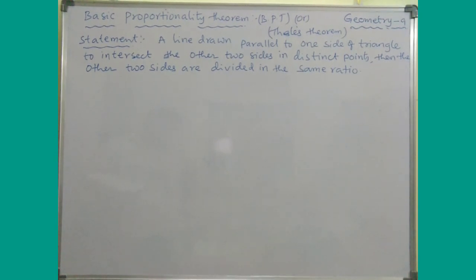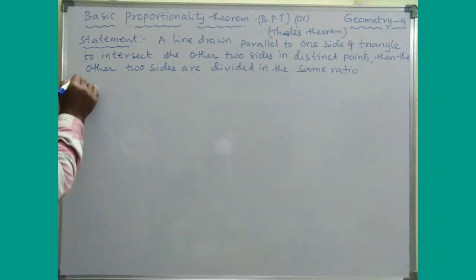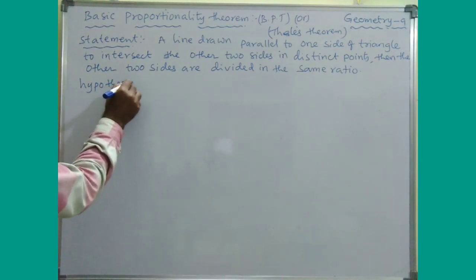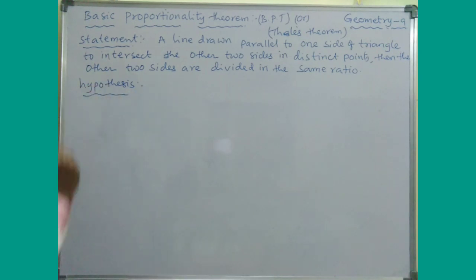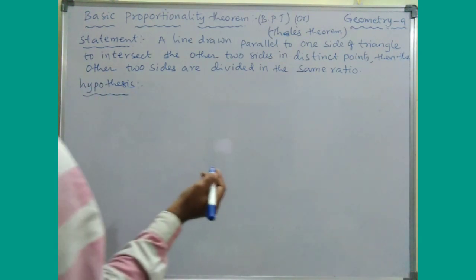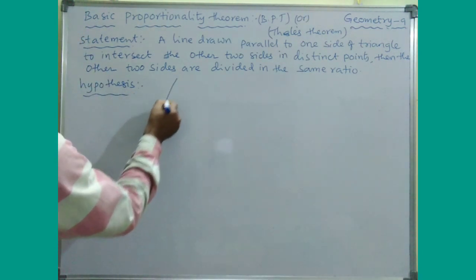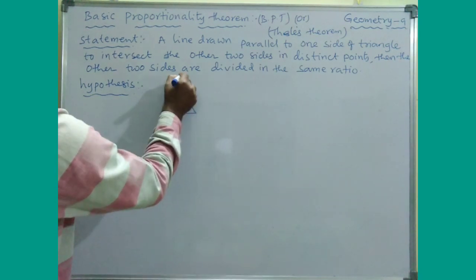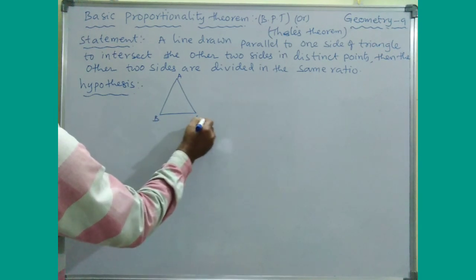See, a line drawn parallel to one side of a triangle. So first look at the hypothesis first of all. I mean, let it be the triangle ABC. Okay.